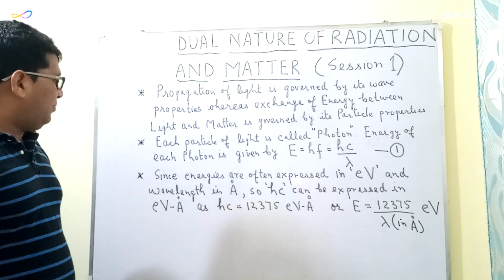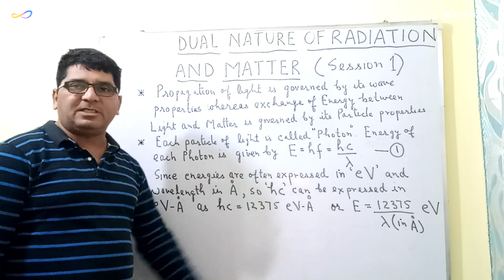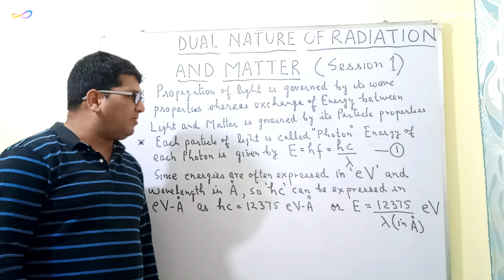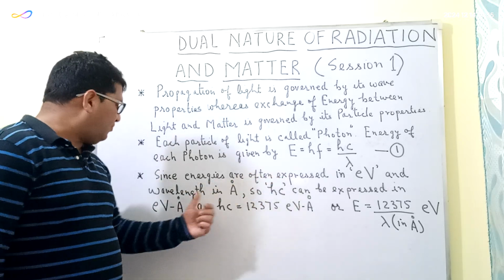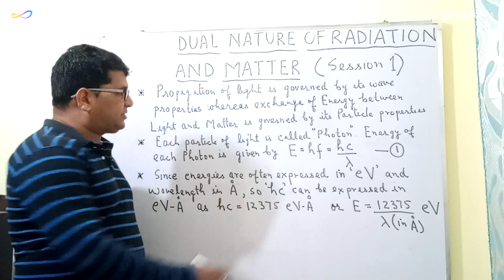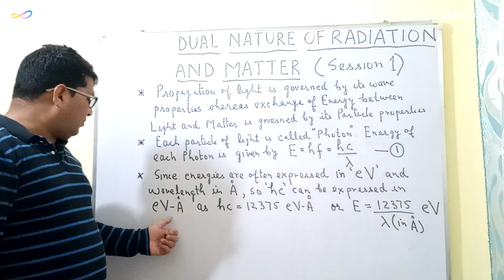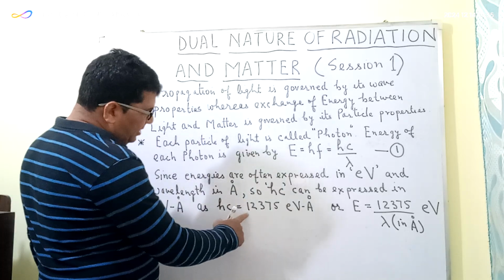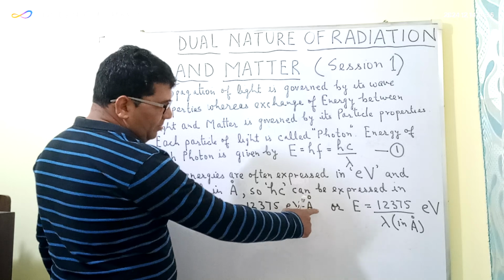The third important point is that energies are often expressed in terms of electron volt, and 1 electron volt is equal to 1.6 into 10 to the power minus 19 joule. Since energies are often expressed in electron volt and wavelengths in angstrom, the term h into c can also be expressed in electron volt angstrom, and its value is 12,375 electron volt angstrom.